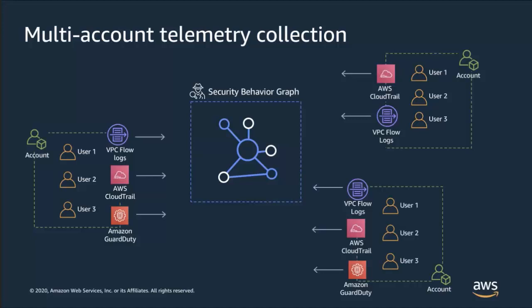For those of you familiar with GuardDuty's master-member approach, our telemetry collection approach is very similar. So data will be flowing from each of these accounts and we'll be grabbing it and bringing it together. What's a little different though is that you can have multiple aggregation points in Detective. Let's say you have different use cases for bringing certain accounts together in a certain way.